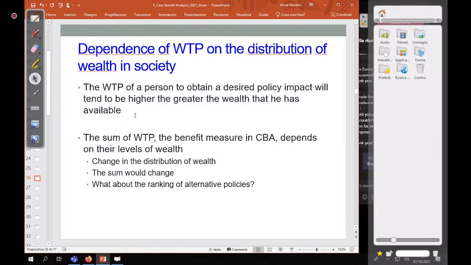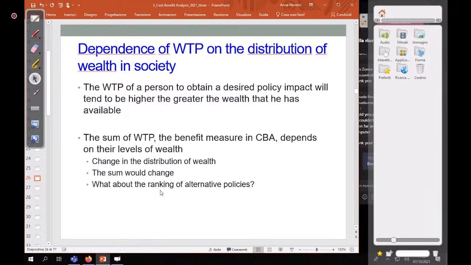Or can be low in absolute value if I have poor people. So, the sum of willingness to pay, the benefit measured in cost-benefit analysis, depends on their level of wealth. So, if I have change in the distribution of wealth, the sum will change.